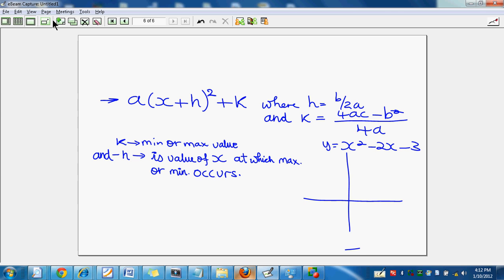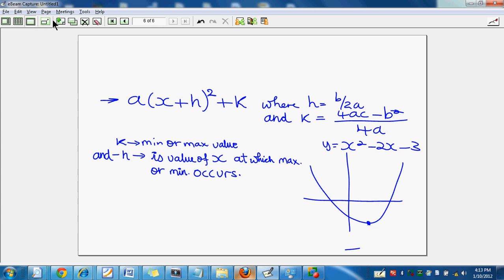Then you will know the minimum value and the value of x at which it occurs. So let's say the curve was shaped like this, then the minimum point would be somewhere right here, where the curve is right at the bottom.